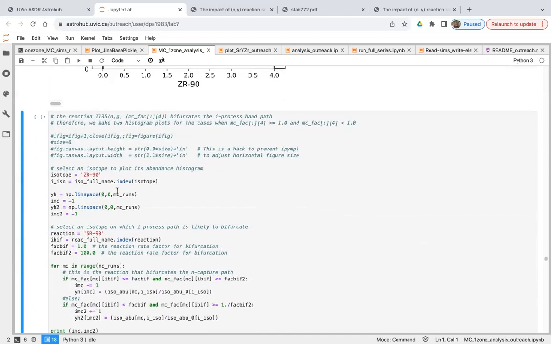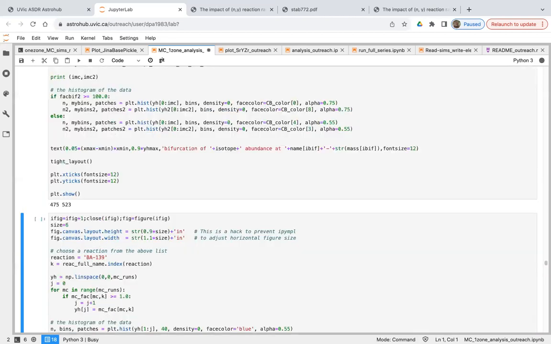In the next cell you can specify the reaction like we did before for elements, in this case strontium-90. And similarly, the entire Monte Carlo 1000 sample is divided into two subsamples, approximately 500 and 500, with multiplication factors that are all either above 1 or below 1.